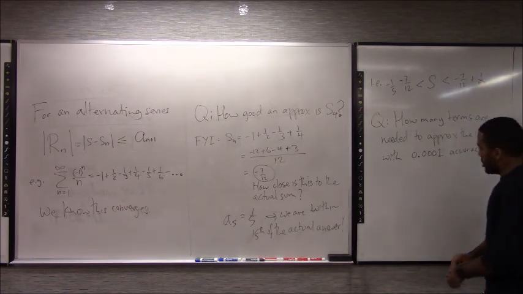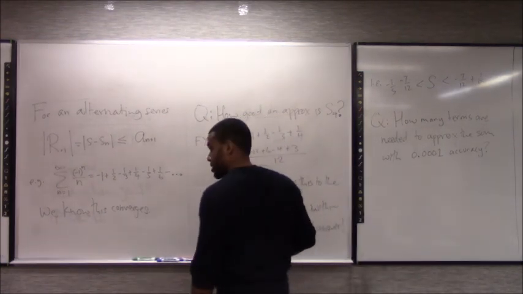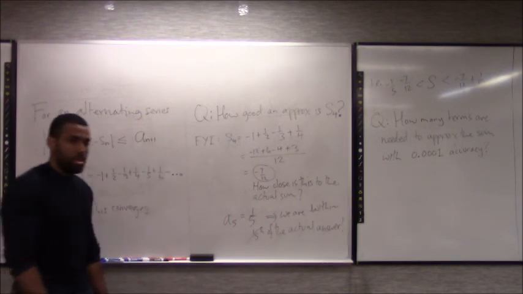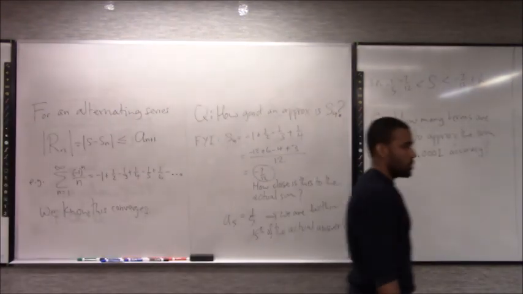How do you think I would do that? I want to get to within 4 decimal places of the answer. How many terms do I need? What do you think?